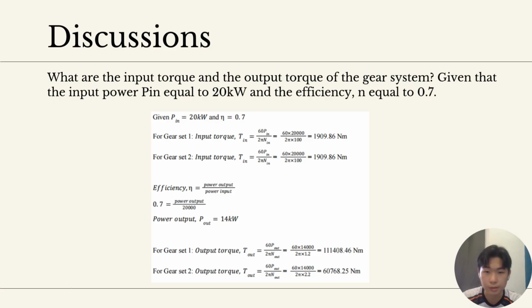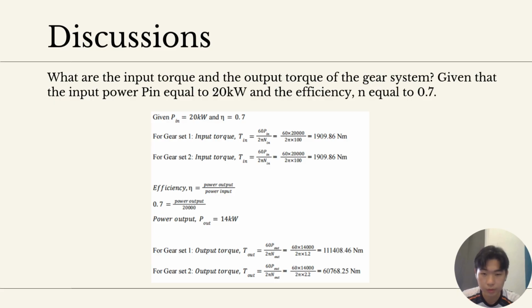Next, we will discuss the input torque and the output torque of the gear system. Given that the input power is equal to 20 kilowatt and the efficiency η is equal to 0.7, first we calculate the input torque for gear set 1 and gear set 2, and you can get the same answer, which is 1909.86 Nm.